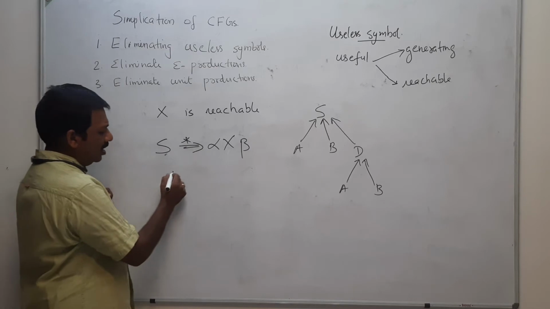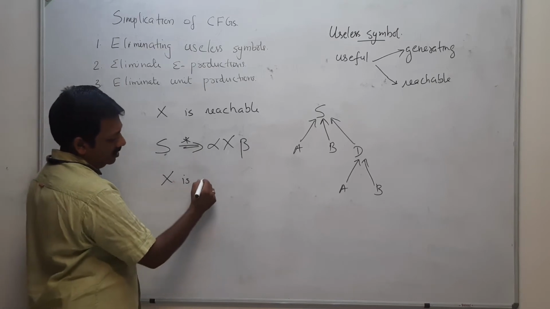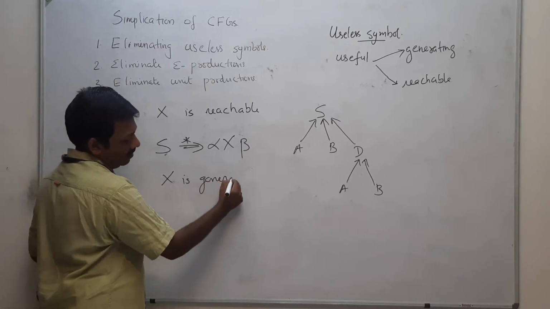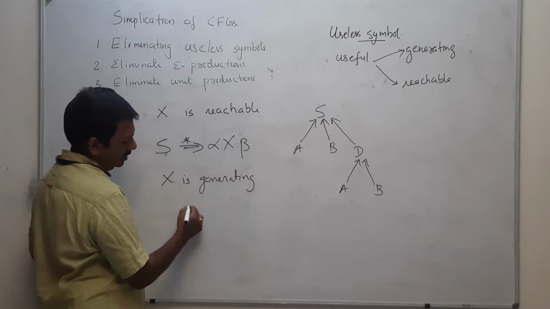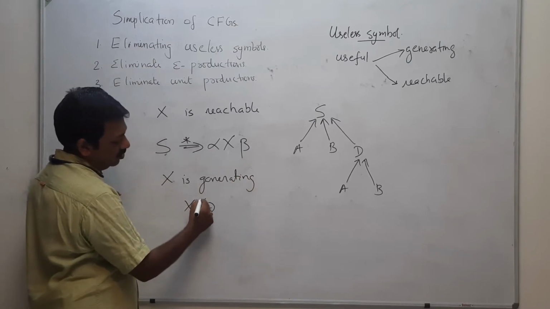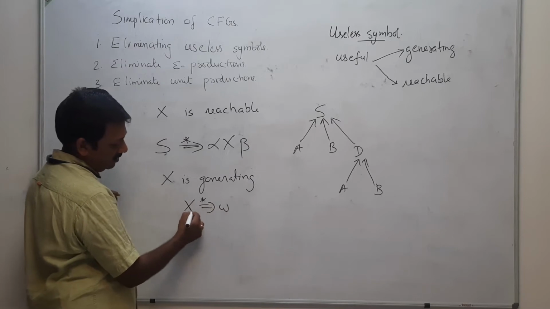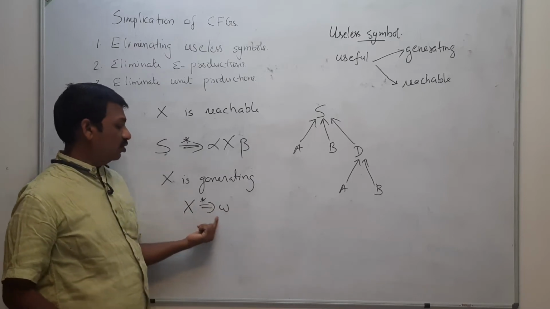And X is generating if X in 0 or more steps derives w. That means capital X derives w, a terminal string, in one or more steps.